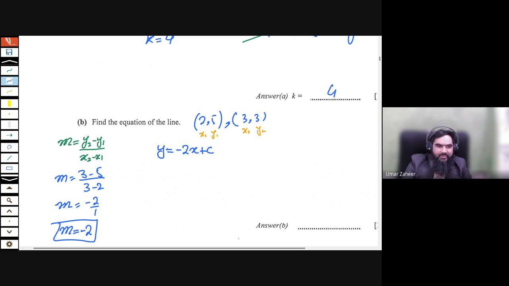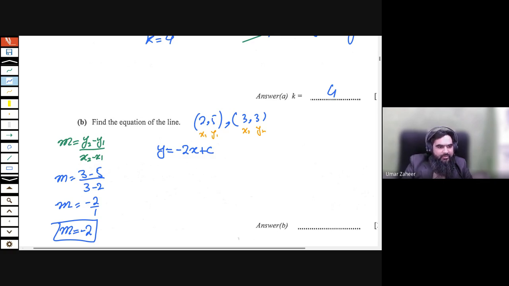Give the points the names x1, y1, x2, y2. So it will be 3 minus 5 divided by 3 minus 2. So we'll get the gradient, minus 2 over 1, that will be minus 2. Now we have the gradient, so the equation will become y is equal to minus 2x plus c.